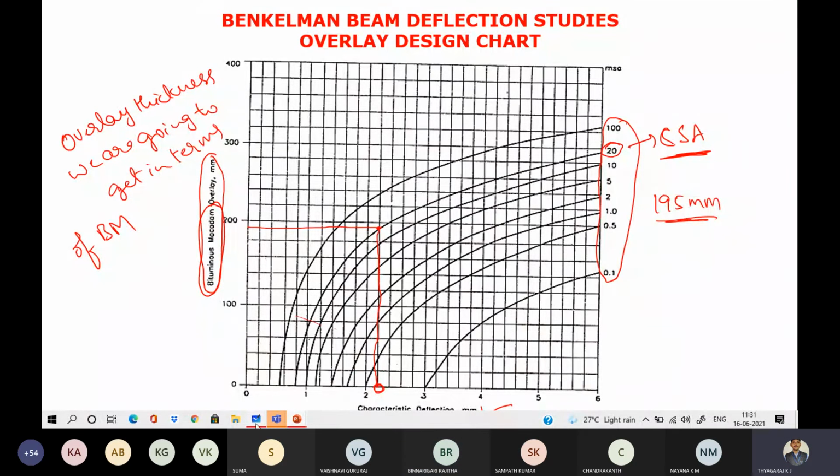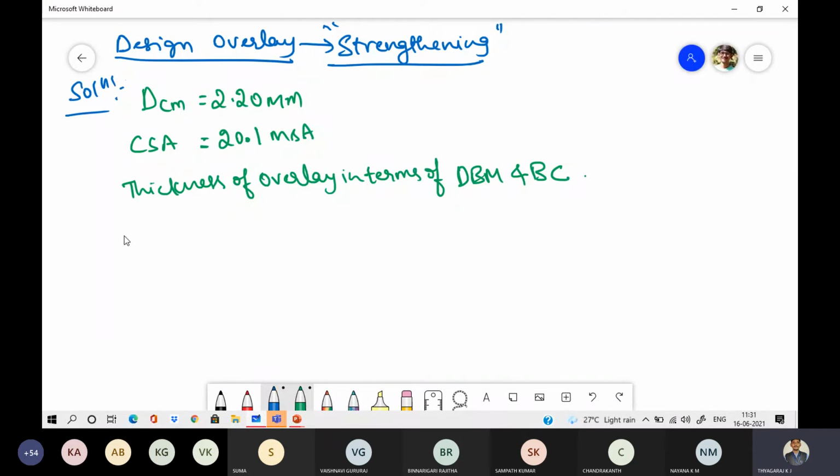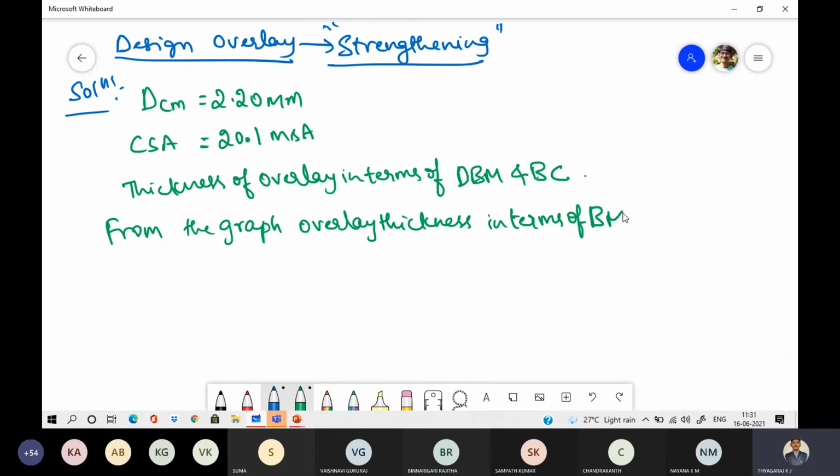Now, from the graph, make a statement here. From the graph, overlay thickness in terms of BM is equal to 195 mm.